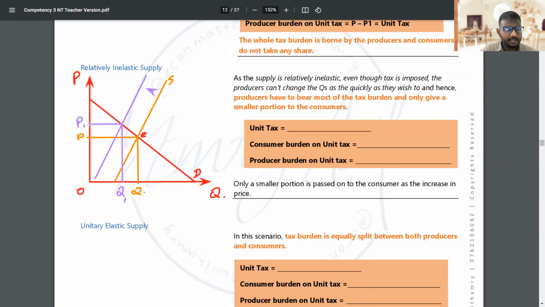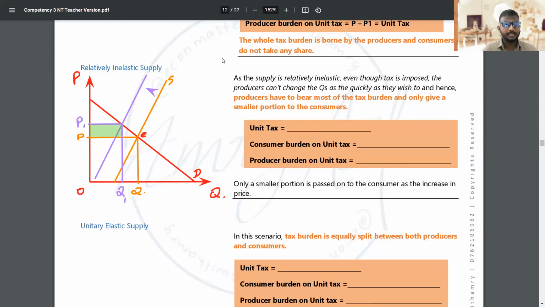That is the difference between P and P1. And they are buying Q1 quantity. So the consumer's tax burden would be this area I have highlighted, in green. This green rectangle is the consumer's tax burden.